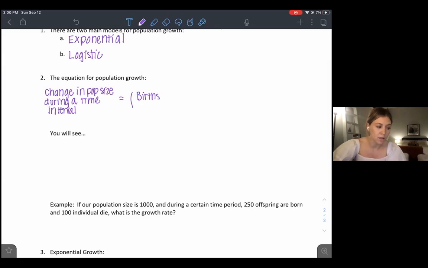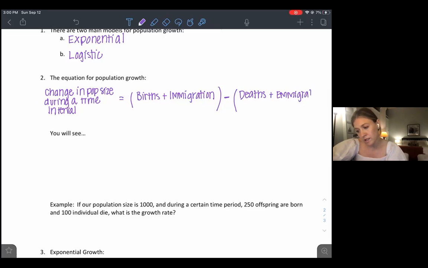And then sometimes we're also going to include the amount of immigration. So how many new organisms are coming into that population, okay, in whatever that time interval is, minus the number of deaths. And then if we're including immigration, we're also going to include emigration. So the number of individuals or organisms leaving the population over that time period.